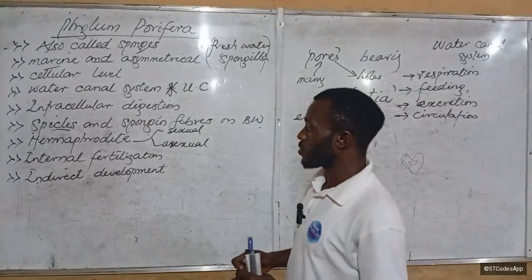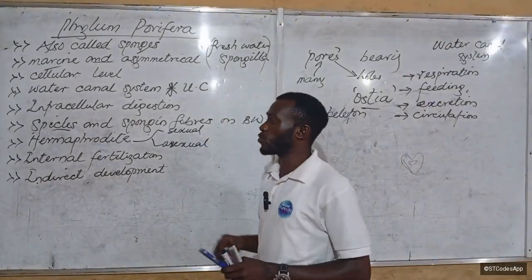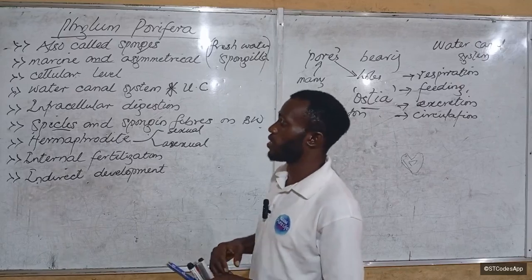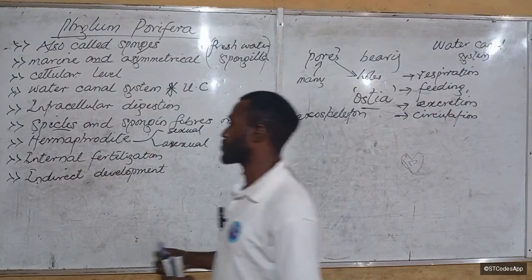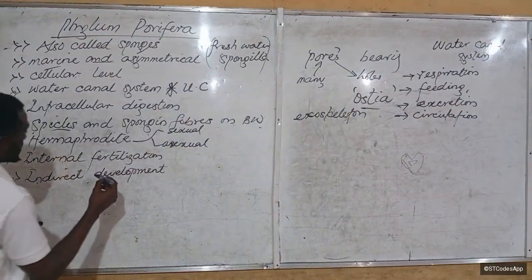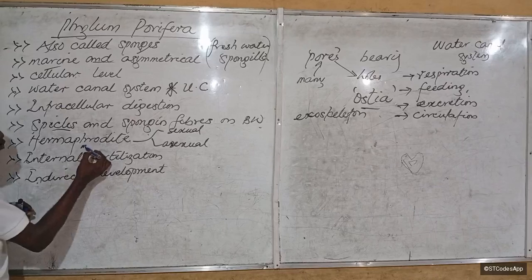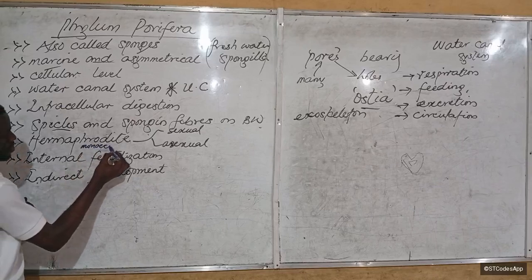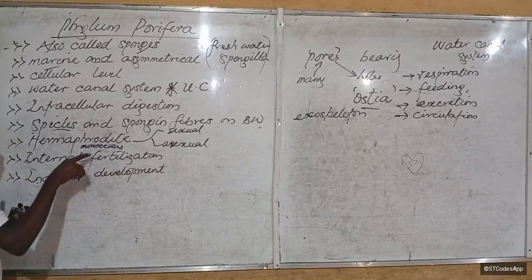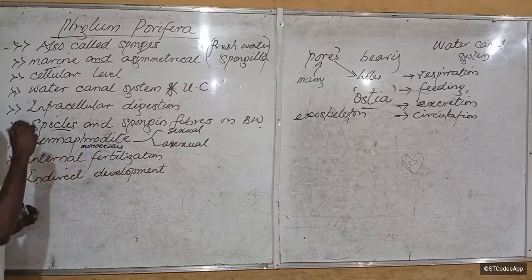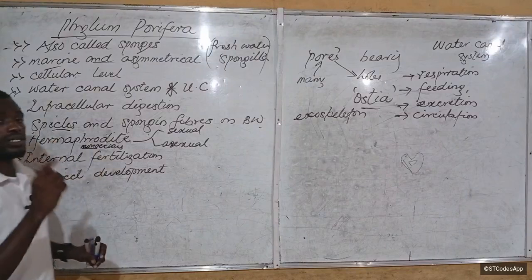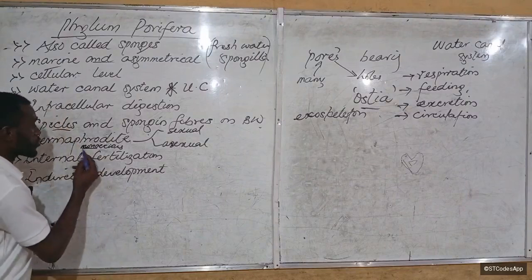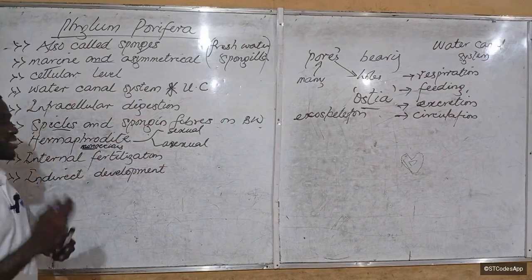Another term that we use for hermaphroditism is monoecious. Monoecious means both male and female reproductive structures are on one organism.